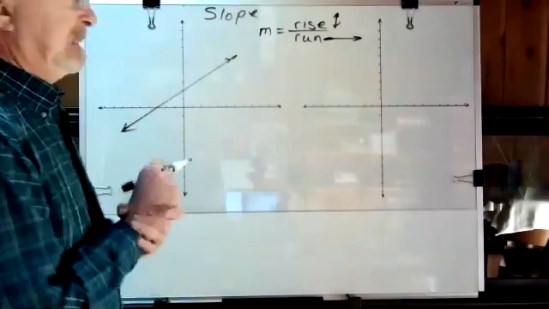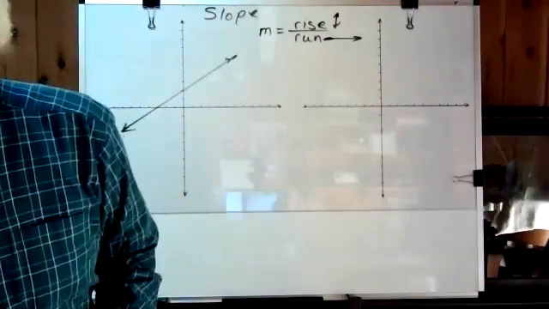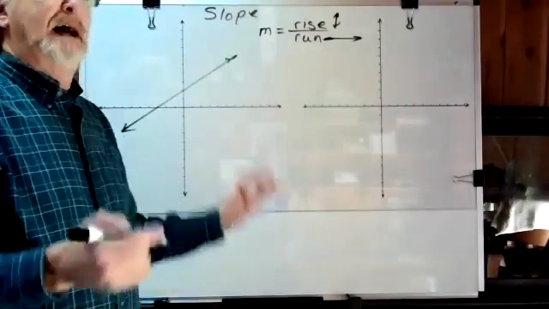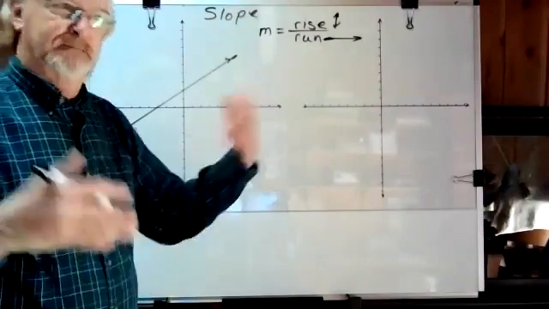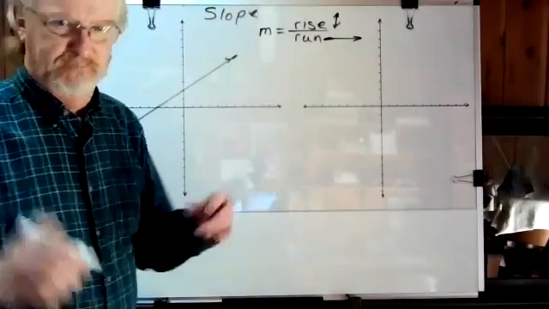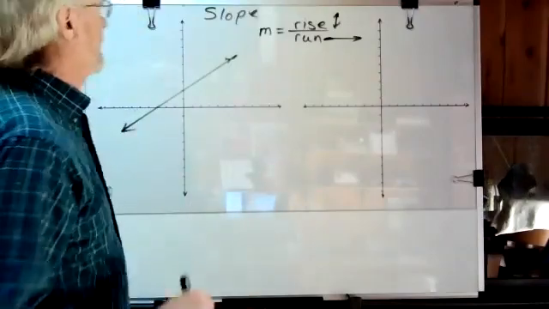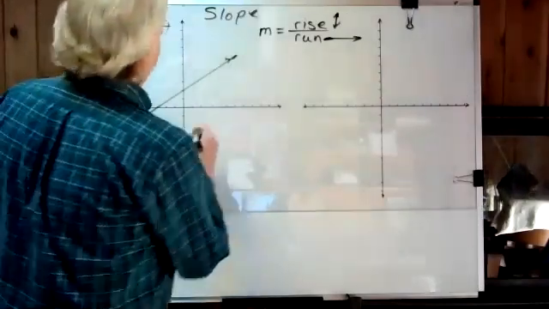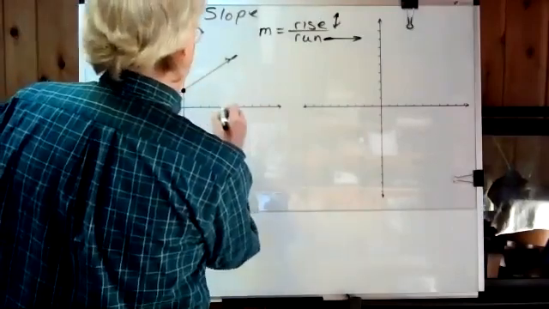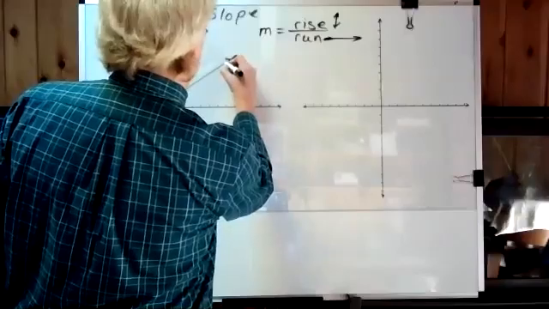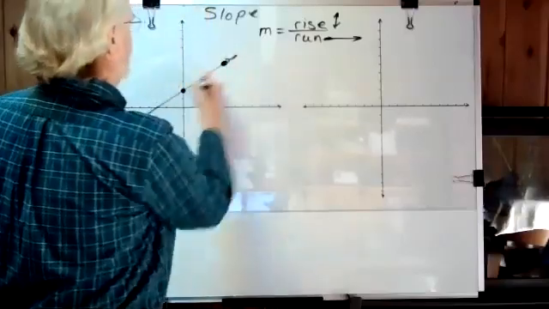Well, if I'm looking at a graph, I want to identify 2 points on that graph that have integer values. Find some nice points on your graph. I just made up something here. I'm going to use that point and see if I can find one out here. It looks pretty good on my graph.